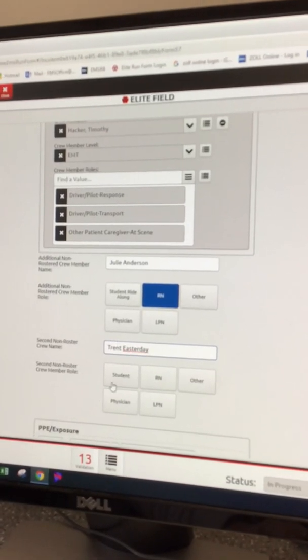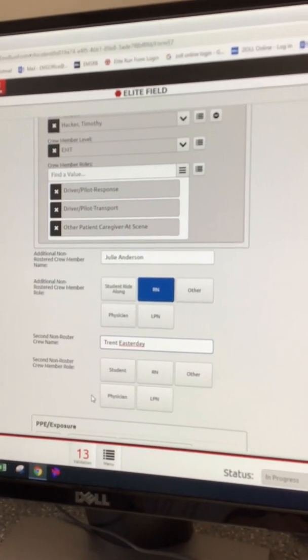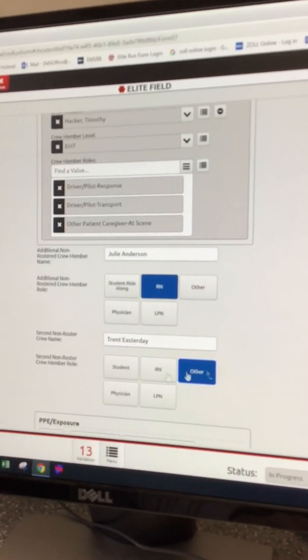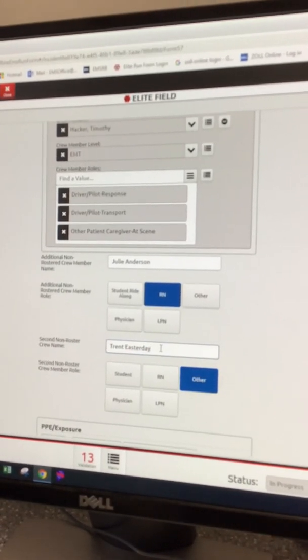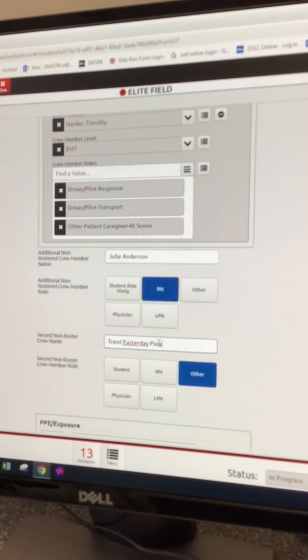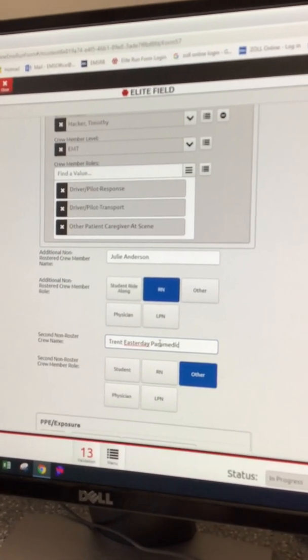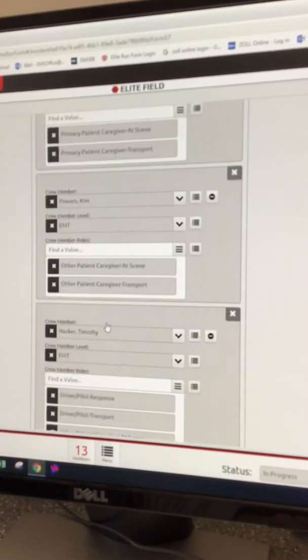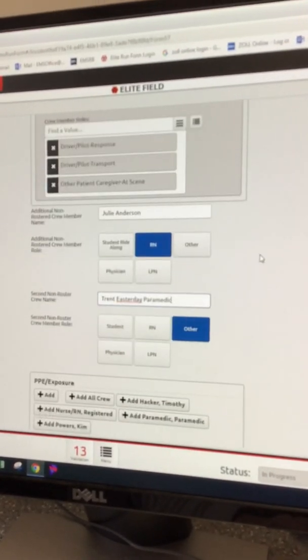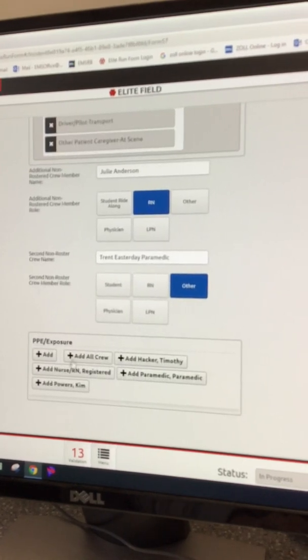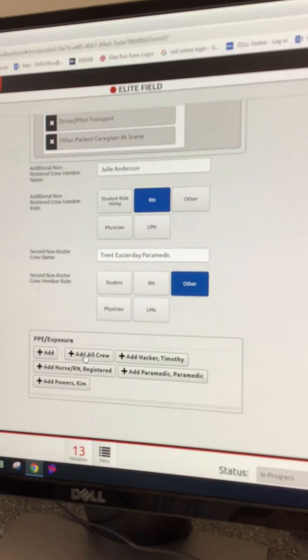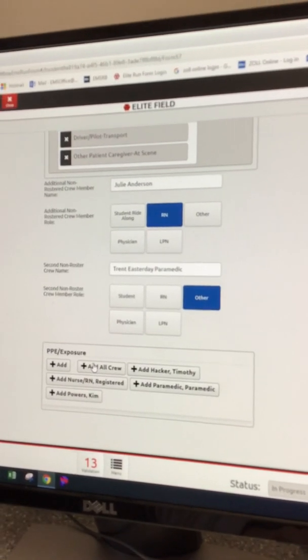I don't have any control of these, and he's the paramedic, so we're going to put him as other. You can put paramedic behind here if you want, but it should be up here. And again, then you would click on add all crew, normal for the PPE, so there's no change there.